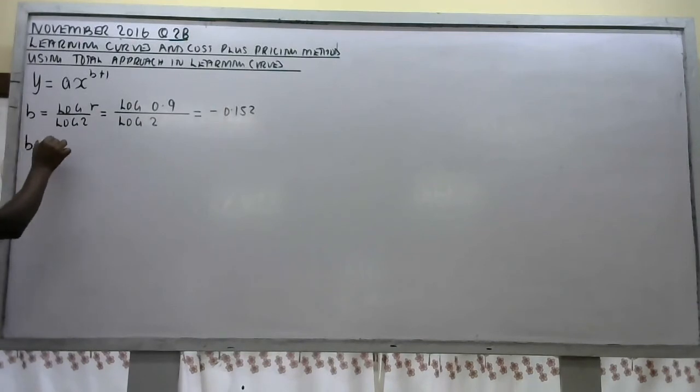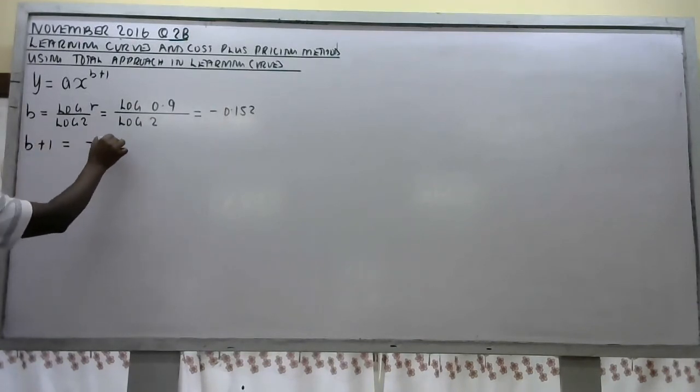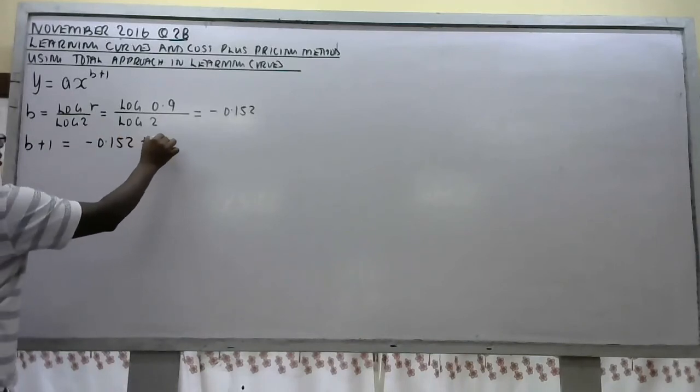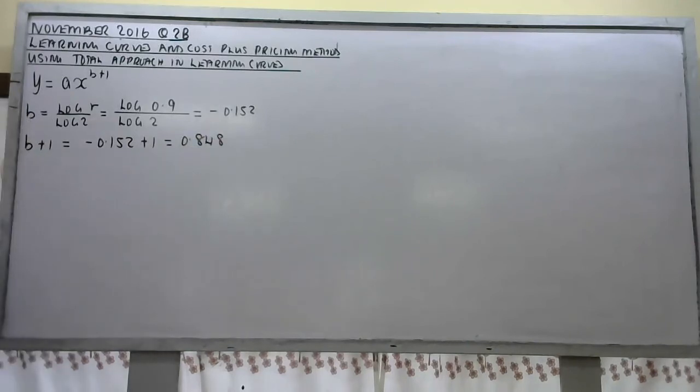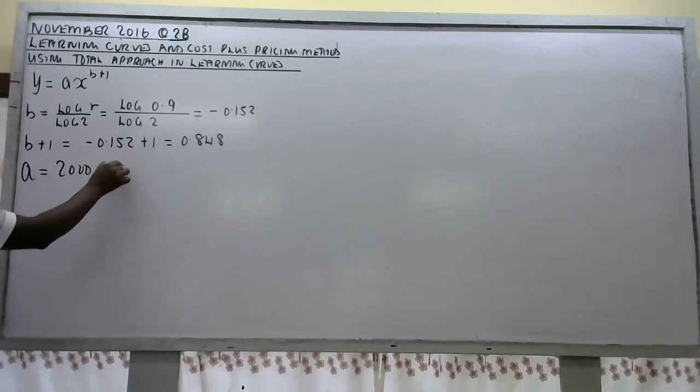Then b plus 1 will be minus 0.152 plus 1, and this will be 0.848. Then a, the time taken to make the first machine, we are told it is 2,000 hours.